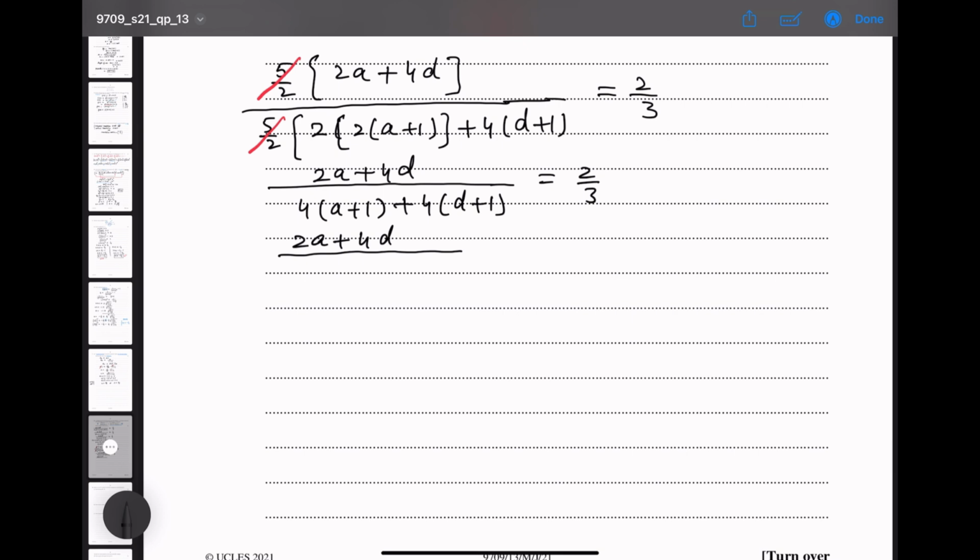After simplifying the denominator, we get 2A plus 4D over 4A plus 4D plus 8 is equal to 2 over 3.